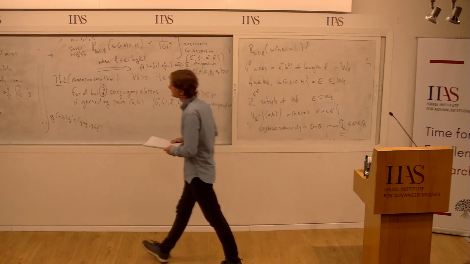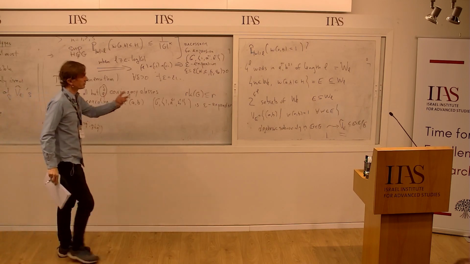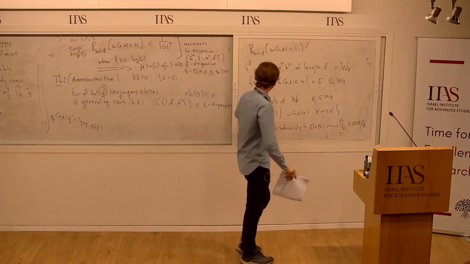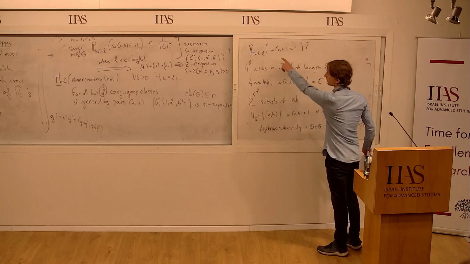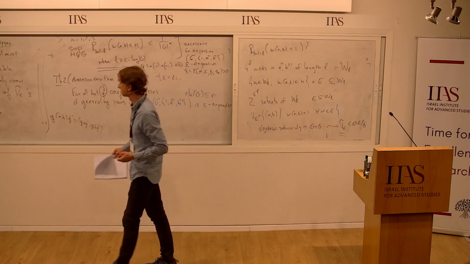So this says that there are few L types. And the L type governs completely which words will vanish on AB, if you belong to a given L type.